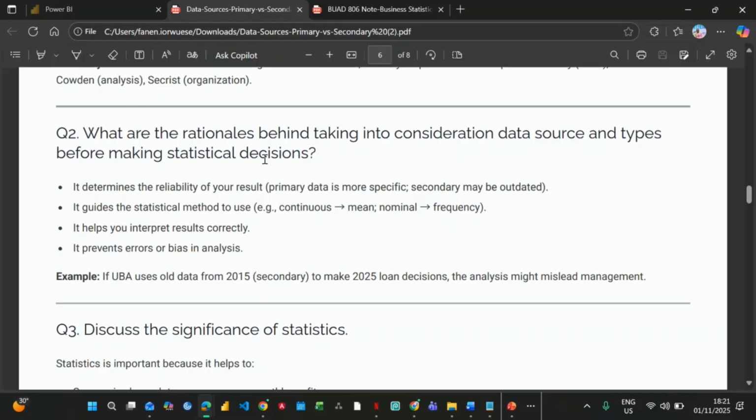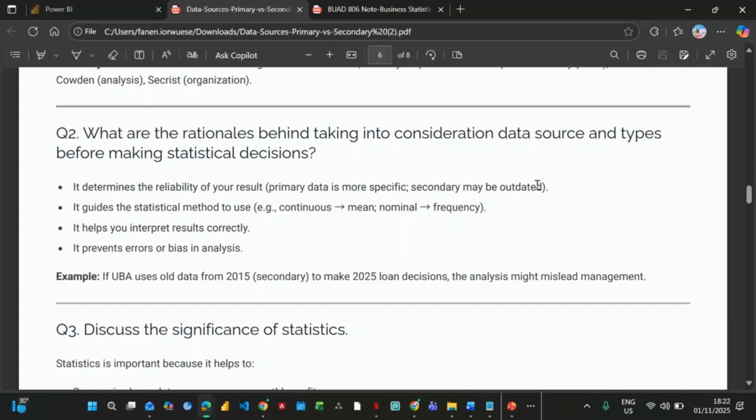So how do you choose a data source that is good for you? You have to determine how reliable that data is, and what result that data is going to give you at the end of the day. So, for instance, the primary data source is more efficient. It's more specific. Secondary data may be outdated.